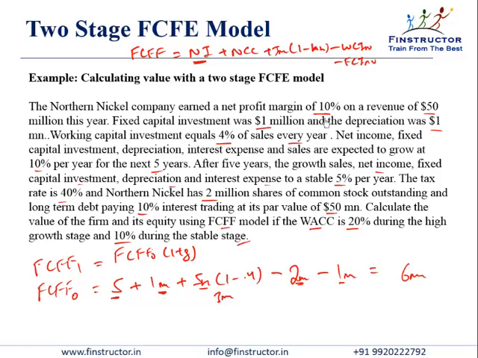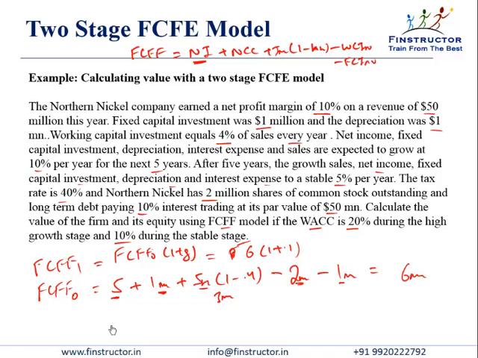Rather 10% initially and then 5% every year after 5 years. So it's relatively easy to project FCFF1 because if each of these items grows by 10%, FCFF1 will simply be FCFF0, that is 6 into 1 plus 0.1.